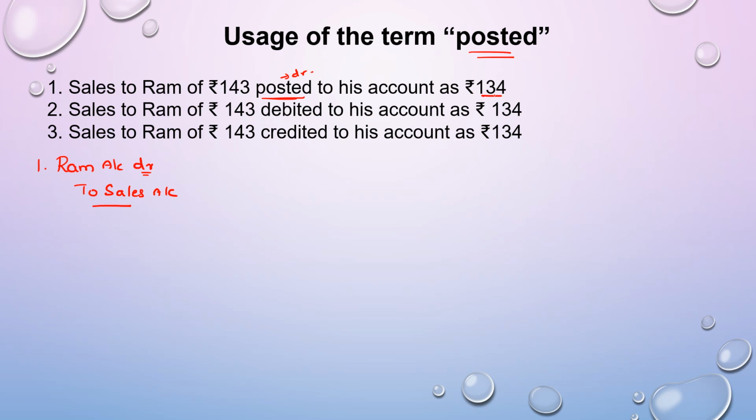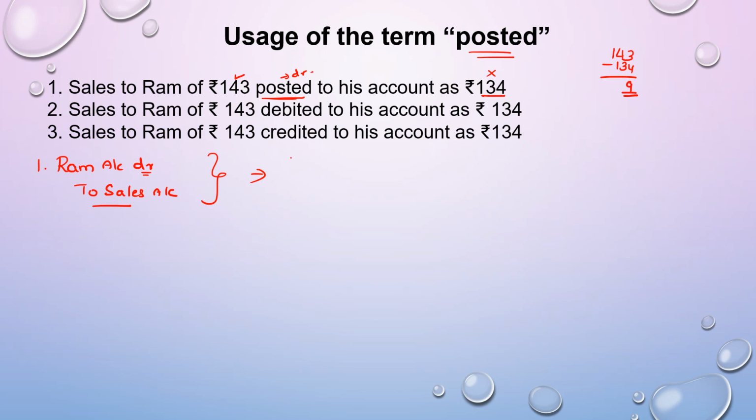But the problem is instead of 143, it has gone as 134. So you should put 143 to the debit of Ram account, but you have put only 134. So you put how many rupees less? 143 minus 134 is 9 rupees. So what are you supposed to do in this case?